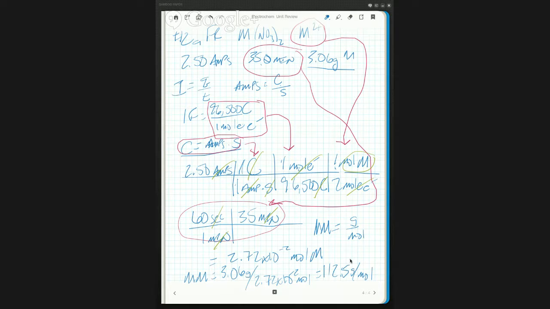When I look in the periodic table for that mass, 112.411 is cadmium. So cadmium is 112.41. So cadmium is our answer.